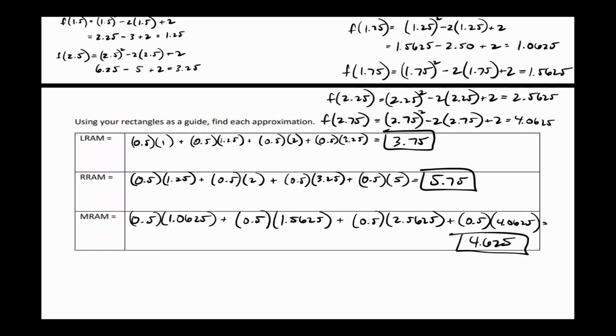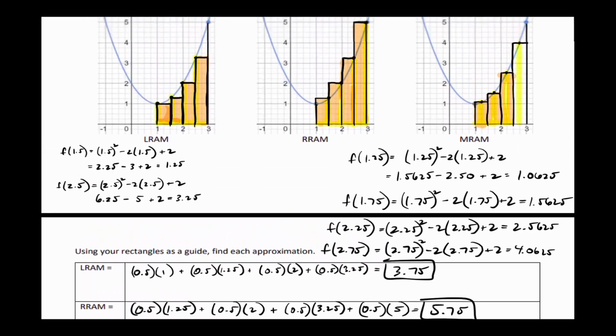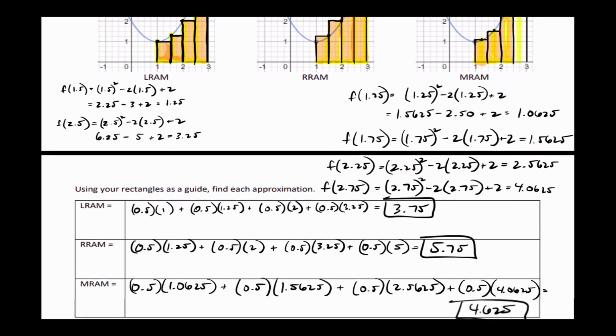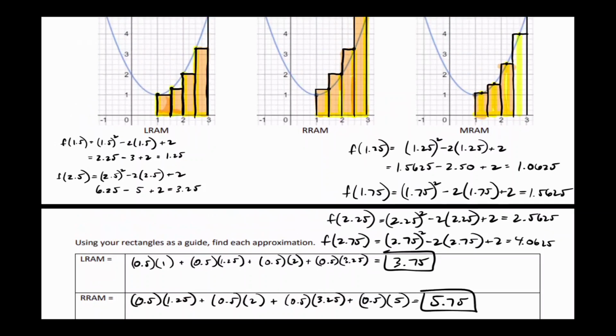So, last thing we did was rectangular approximation for the three types of rectangular approximations: LRAM, RRAM, MRAM. And we found area under the curve from 1 to 3 for each of those.